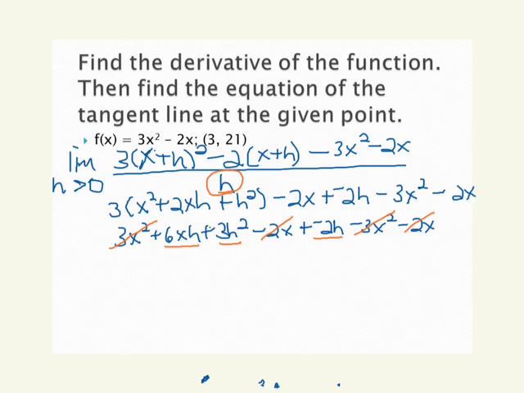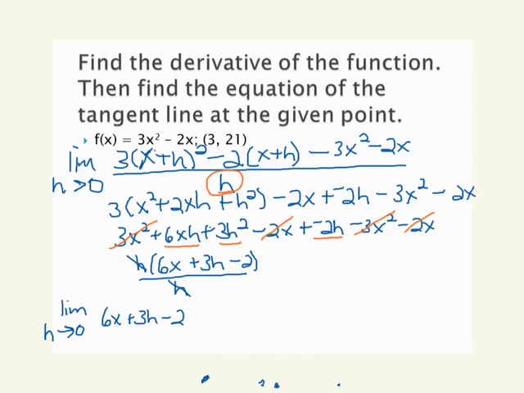All right, so again, we're going to factor out the h. So we'll have h times the quantity 6x plus 3h minus 2, all divided by h. And so the h's are going to cancel, and we're just simply left with the limit as h approaches 0 of the function 6x plus 3h minus 2.